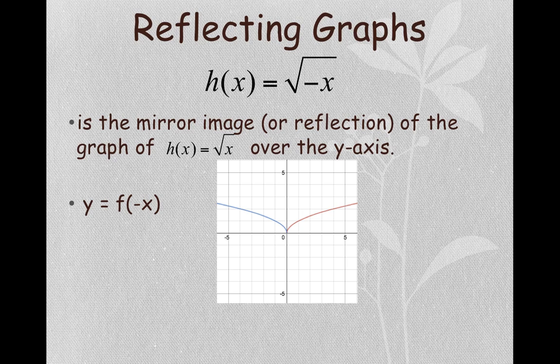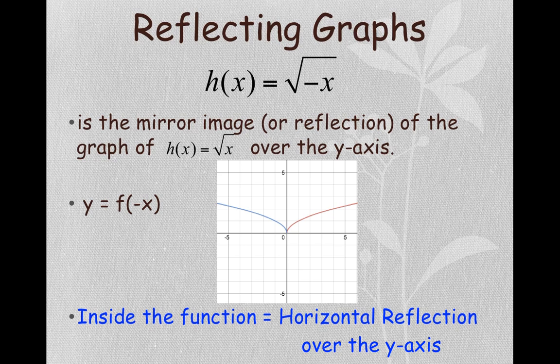So y equals f of the opposite of x. The negative is on the inside of the function, so we take the opposite of x first and then apply the function. This is inside the function, so it's a horizontal reflection. It reflects from left to right, and that's over the y-axis.